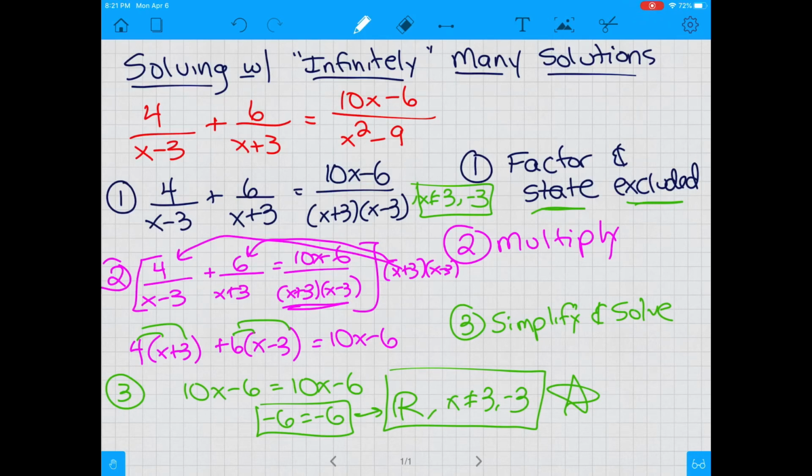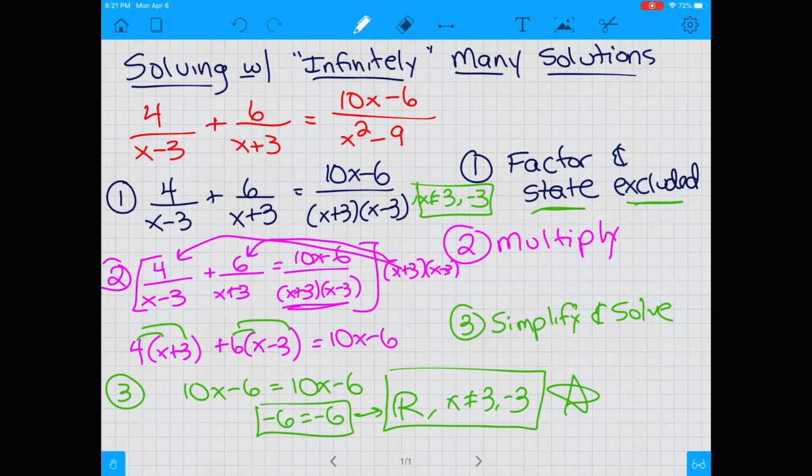Again, when I go through solving this whole thing, the steps don't change. I know I've said that 100 times throughout all these videos, and I know you're probably angry at me for doing so, but that's fine. The solving process is exactly the same. The difference is when I get to the end, and this is a big mistake that people forget, and it's a silly mistake. Yes, the answer is all real numbers.